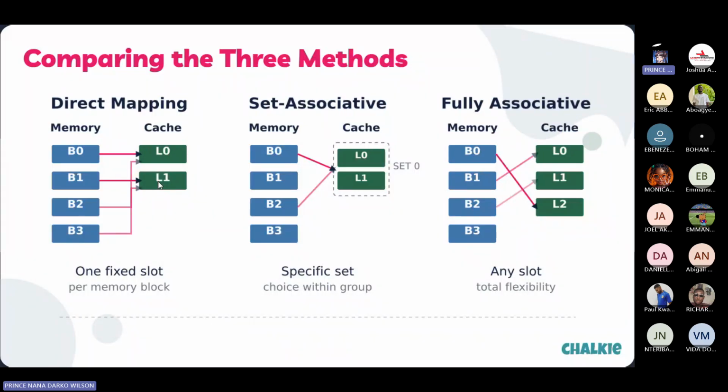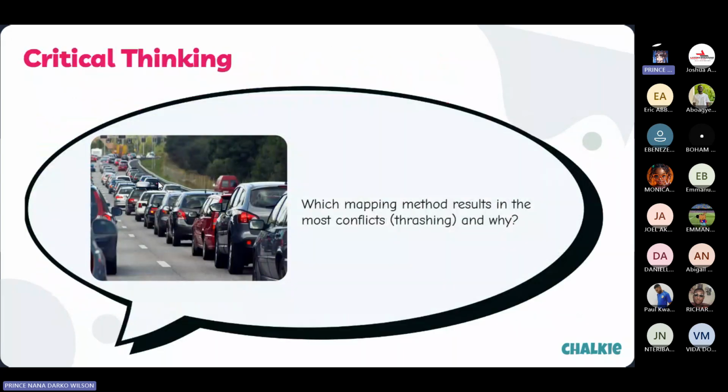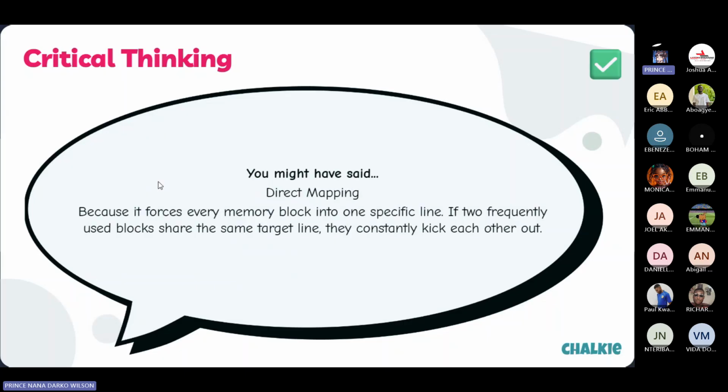All right. So, Mr. Prince, I see where your confusion was from. So, Mr. Richard, you were right. It says it's because it forces every memory block into one specific line. If 2 frequently used blocks share the same target line, they constantly kick each other out.